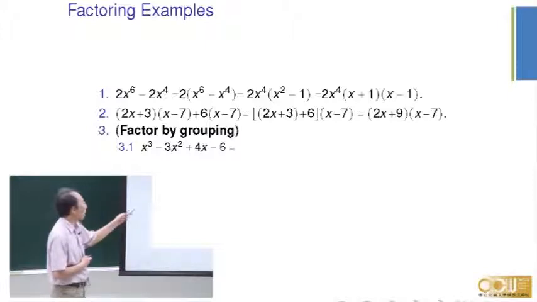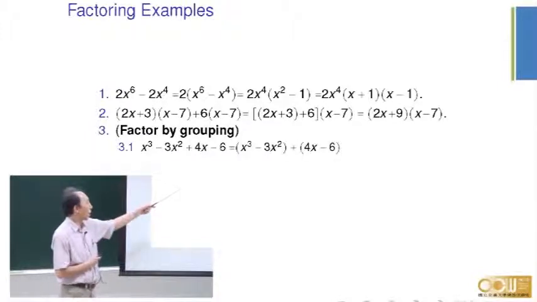The third example is factoring by grouping. Here is the first example. We try to factor this polynomial, x cubed minus 3x squared plus 4x minus 6.